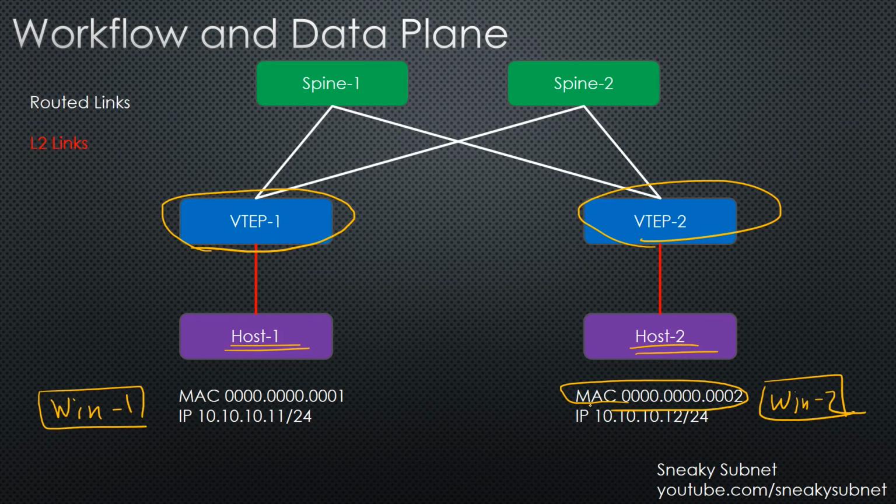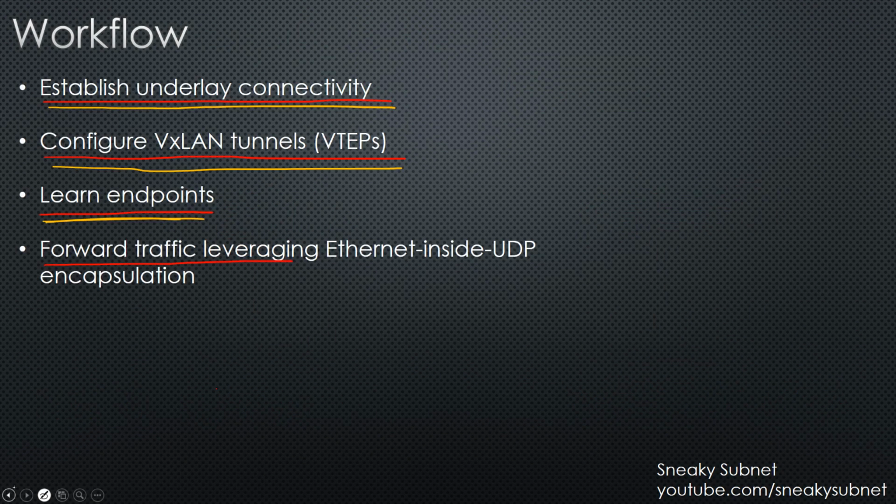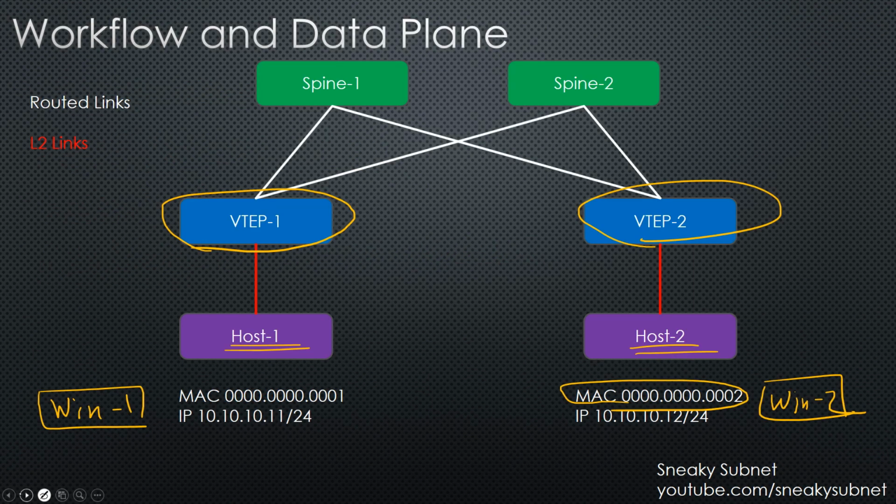It is populated inside its ARP table or ARP cache. So we can go back and discuss our final step, forward traffic leveraging Ethernet inside UDP encapsulation. So what happens here? Let me clear some things here.